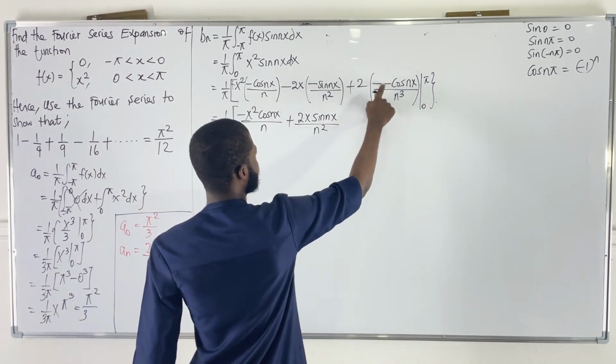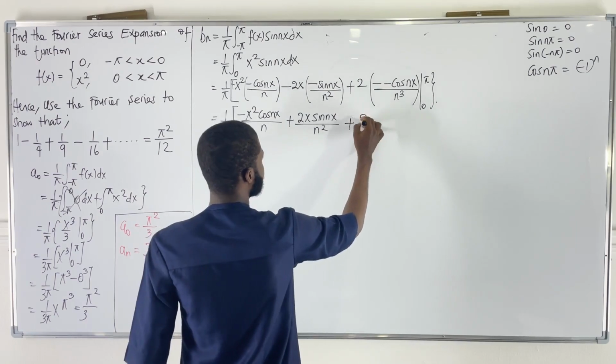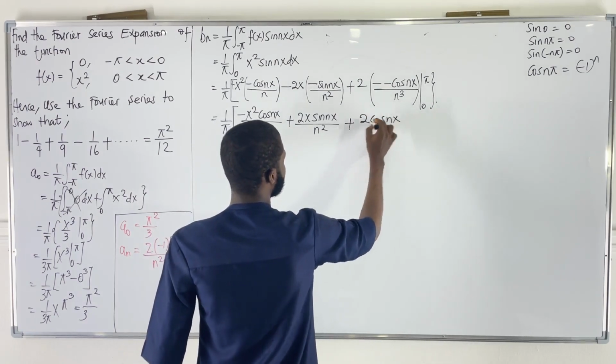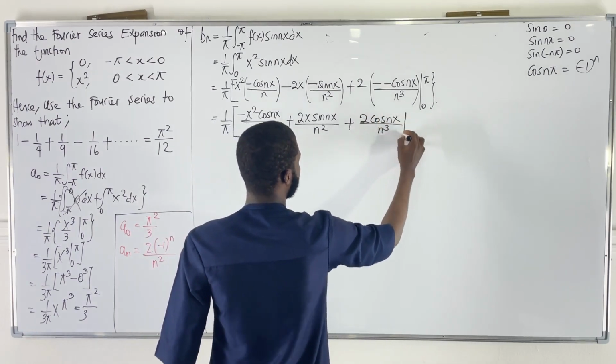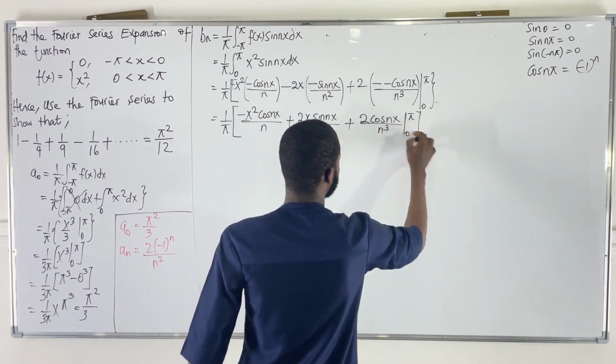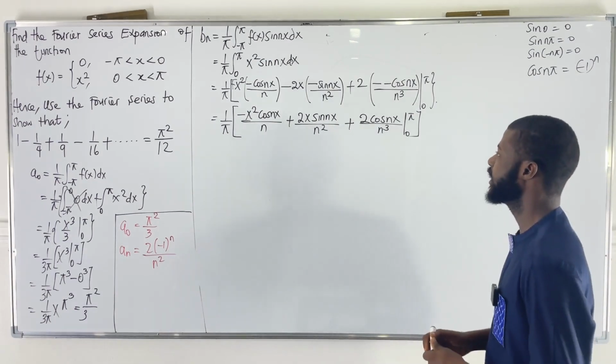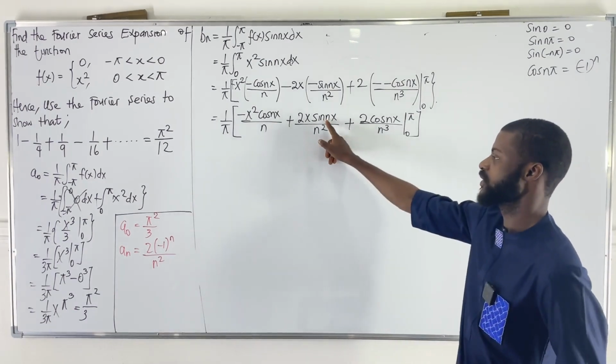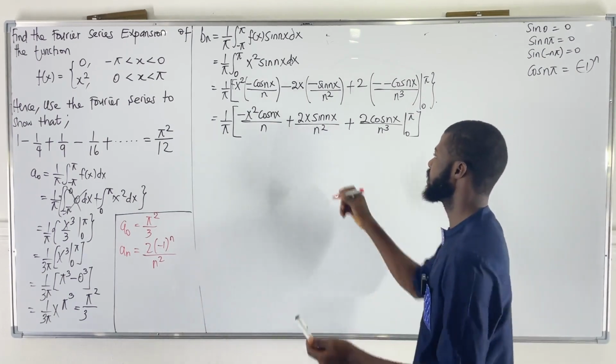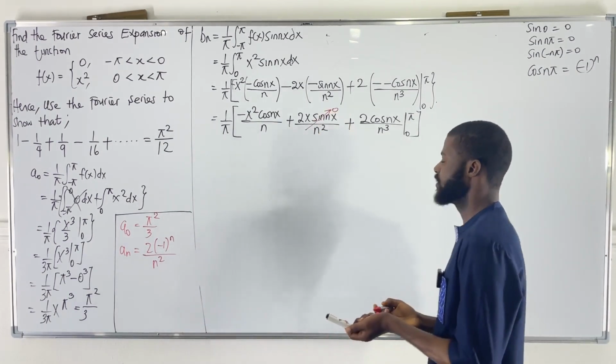This here is plus, so everything here will just be plus. So this is plus 2 cos nx divided by n cubed. And this is from 0 to pi. All right, so let's proceed. Now we know that sine nx will give us 0, just like the previous example. So I could just take this out. Give me 0.